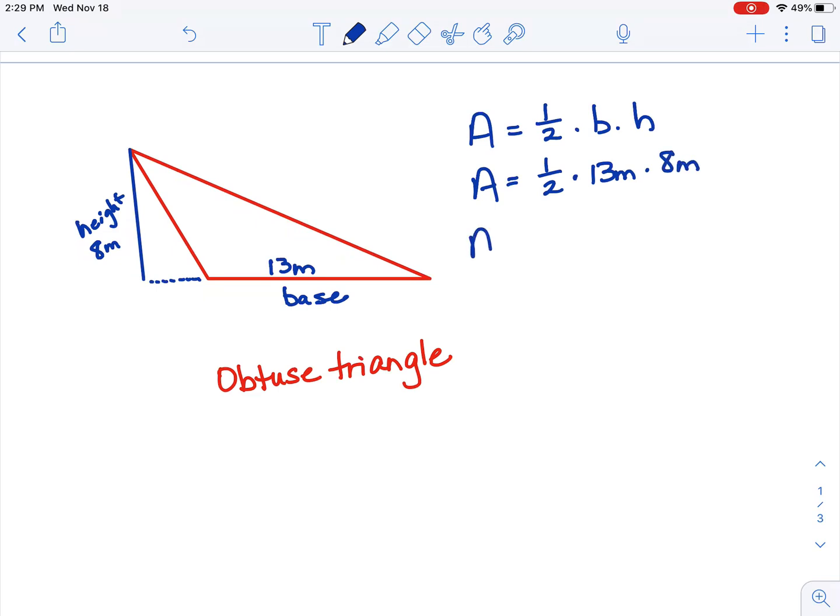Now, half of 13 is not fun to do because it's an odd number. But is half of 8 easy to do? Yeah. So can I skip around like that? Yes, I can, because all this is multiplication, and multiplication has that commutative property. So I'm going to take half of 8, and that will give me 4 meters, and then times that by 13. And that would be 52 meters times meters is meters squared. So that would be my answer.